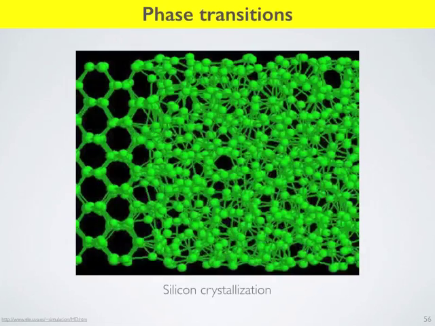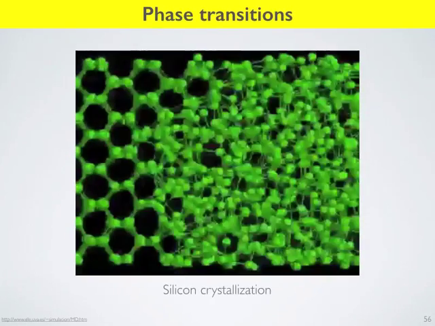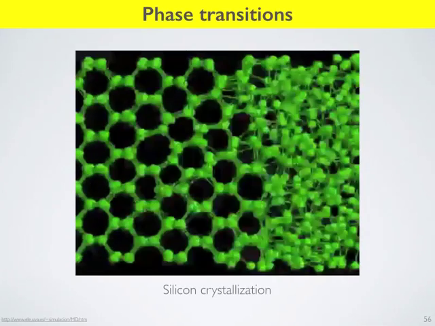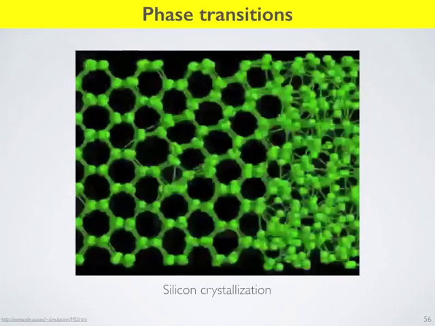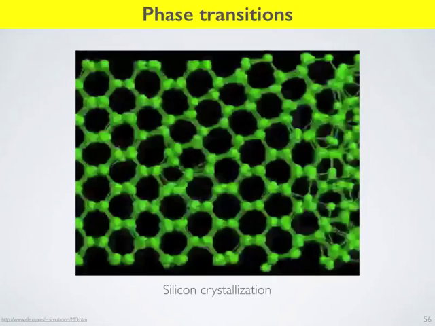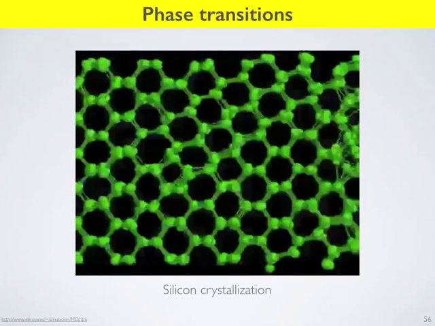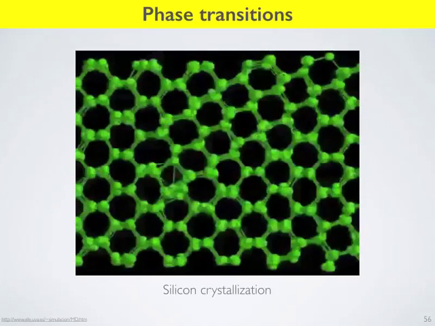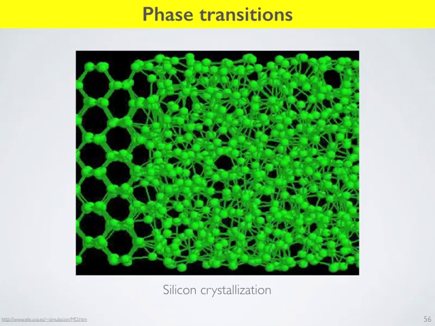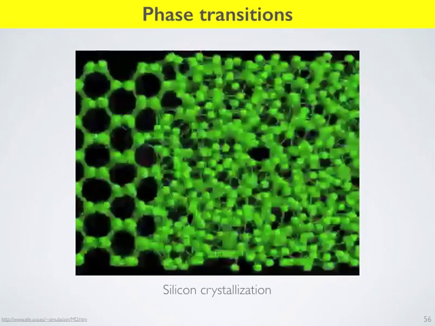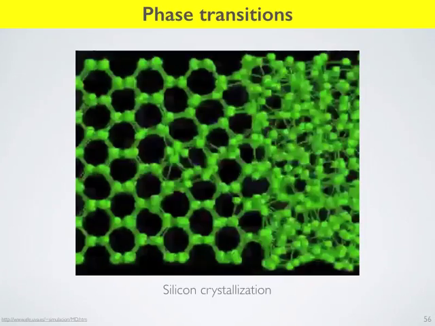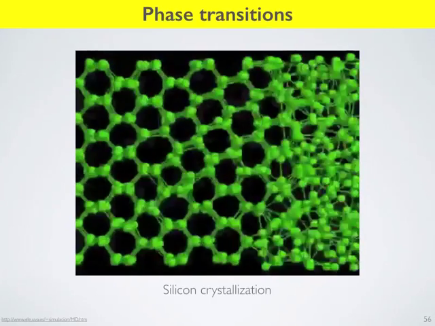Phase transitions. What I'm showing you here is a bunch of liquid silicon. We drop the temperature, and you can actually watch this thing crystallize. It's remarkable that this perfect crystal structure emerges out of the chaos of the liquid. And this is a function of the force field. The force field was built such that silicon likes to be in a particular configuration at low temperatures. When you run your simulation, you might start very disordered, but then you're sucking energy out of the system and reducing it to where the crystal is favored over the liquid, and you can see this thing fall into this beautiful lattice arrangement.